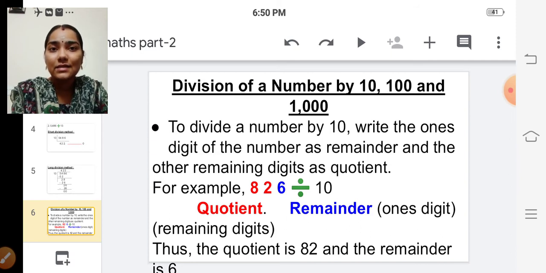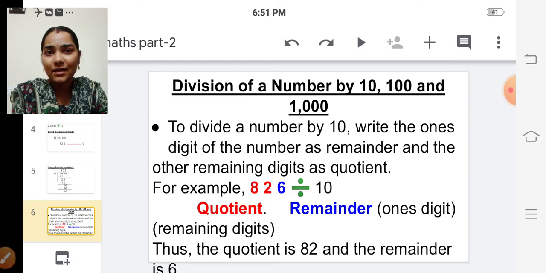If the divisor is 10, 100, 1000 like that, we need not divide. We can straight away write the answer, quotient and remainder. If the divisor is 10, then the remainder is the ones digit of the dividend, and the quotient is the remaining digits of the dividend.